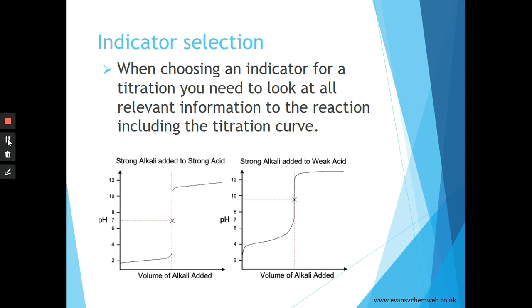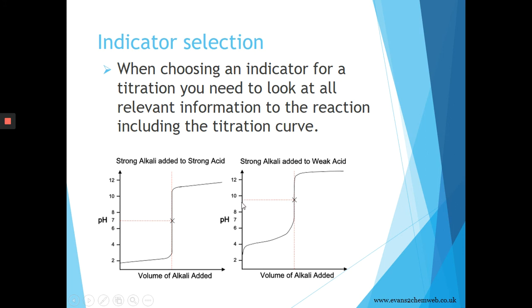Again, for this one, we've got our weak acid. If we have a look, the pH is closer here, it's up at 7, and we're adding a strong alkali to it. We've still got a distinct length here where we can look at the point that the reaction finishes. It's not as long as it was with strong acid and strong base. More importantly, the middle of it, the point at which the reaction is finished, isn't at 7.